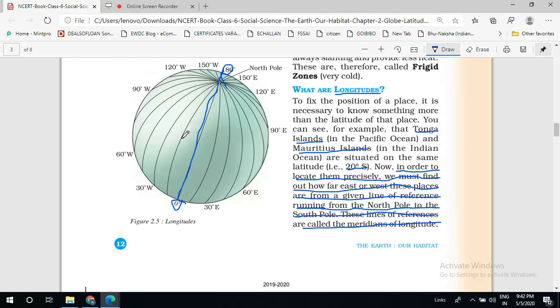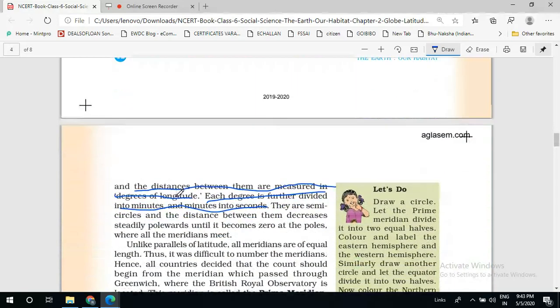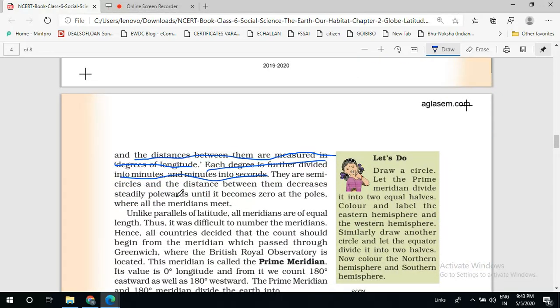But when it starts moving towards the poles, the distance between the two longitudes keeps decreasing, and at the pole it becomes zero. And the same thing happens at the South Pole also. So, unlike parallels of latitude, all meridians are of equal length.